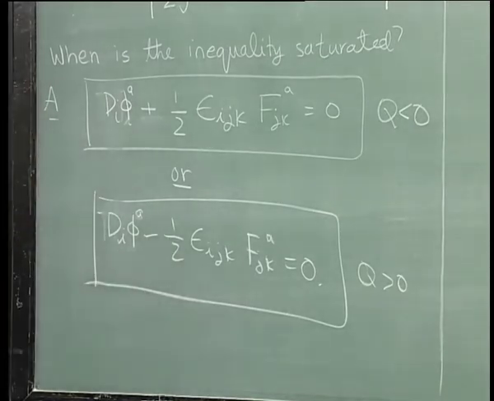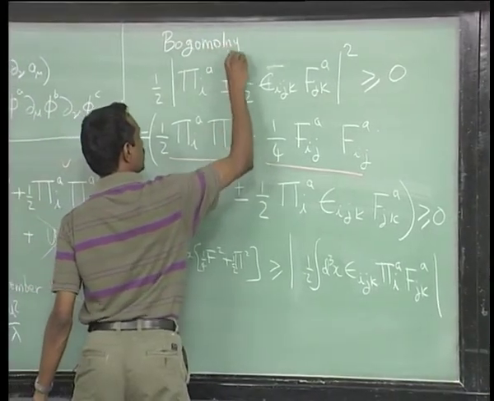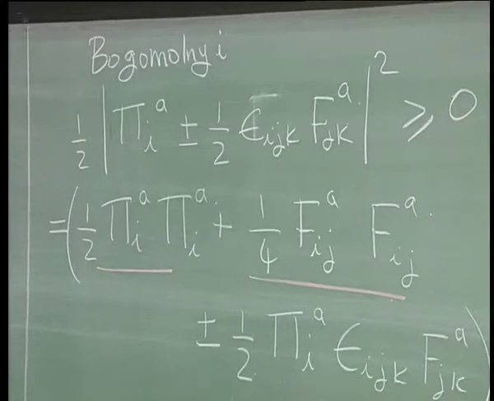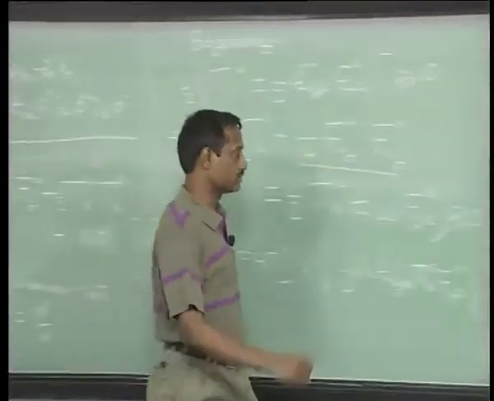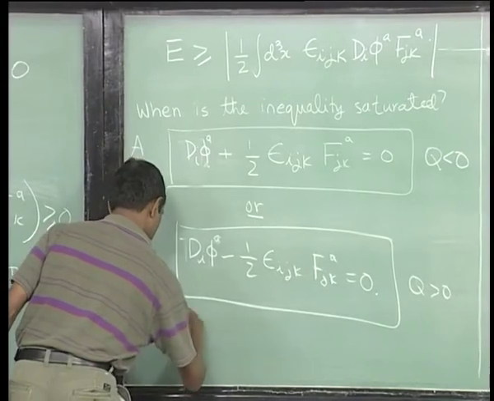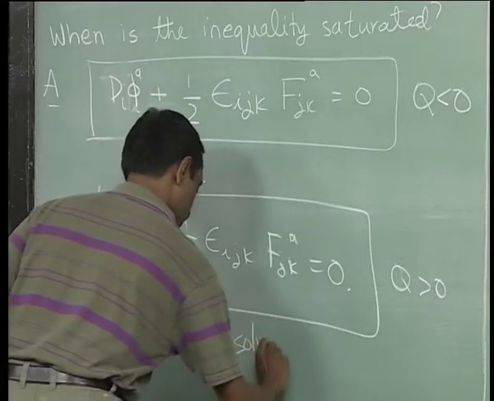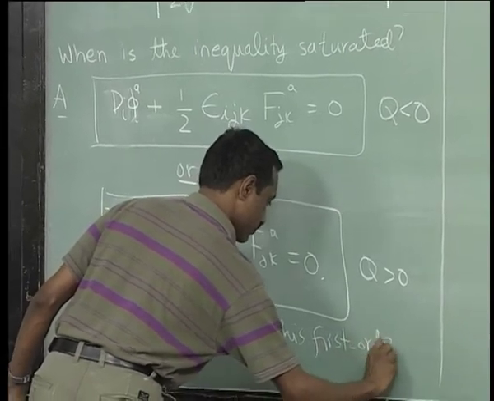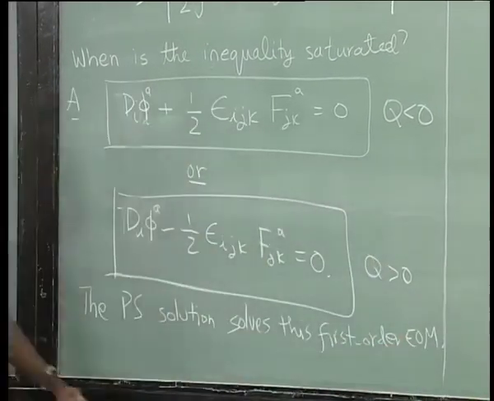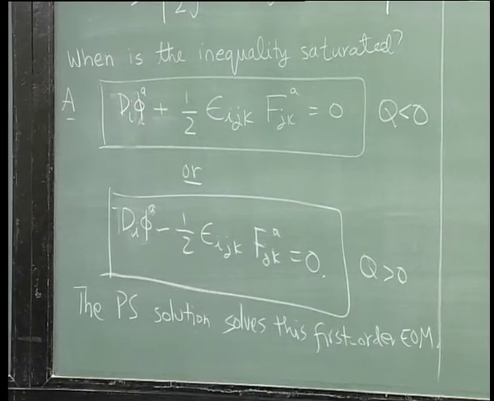This trick is due to Bogomolny, and the Prasad-Sommerfeld solution, the explicit solution in the PS limit which we looked at, solves this first order equation.